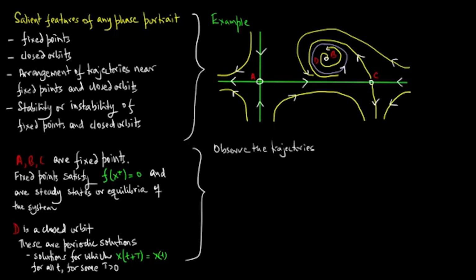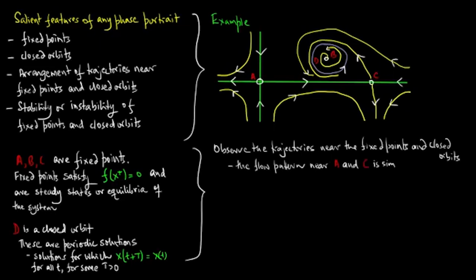Now observe the trajectories near the fixed points and the closed orbit. The flow pattern near A and C is similar, which is different from that near B.